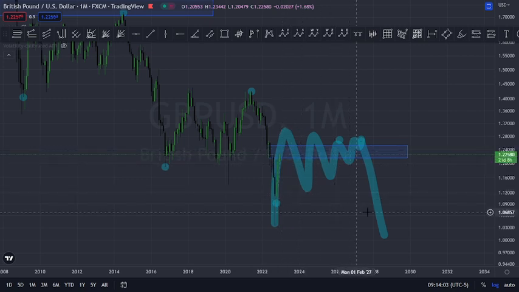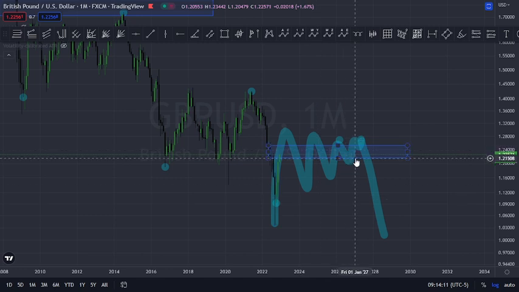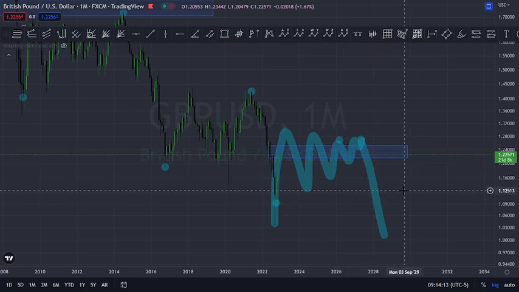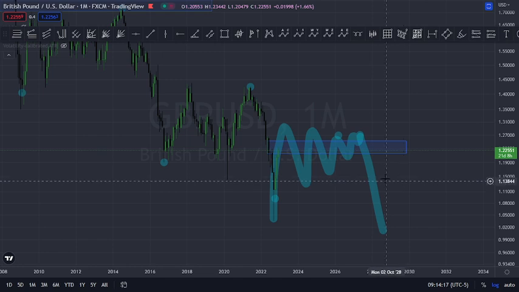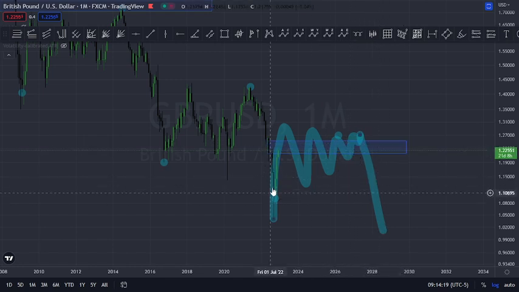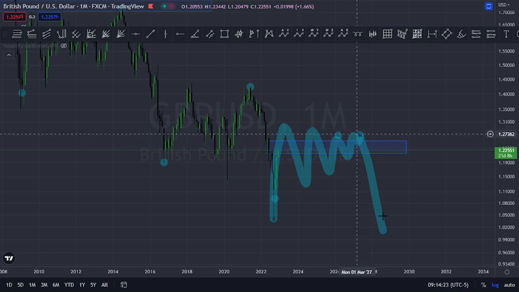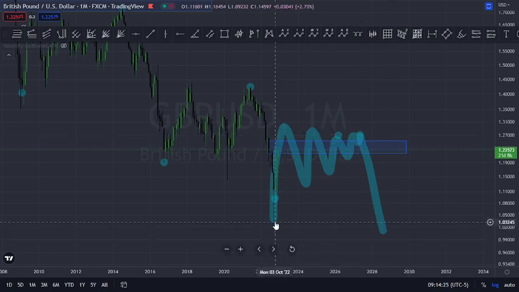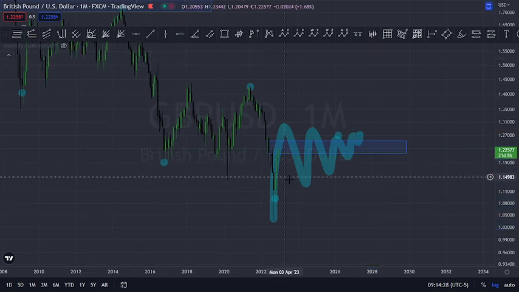Based on some concepts, you can predict where the market will take the liquidity, even on the macroeconomics, but I will do a video on that further. So my first option is that we take the internal liquidity, which lands here, and then go down to take the external, below this low.